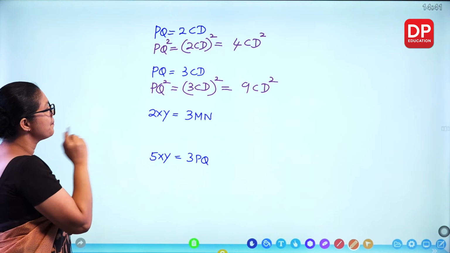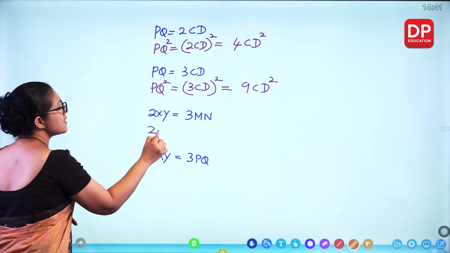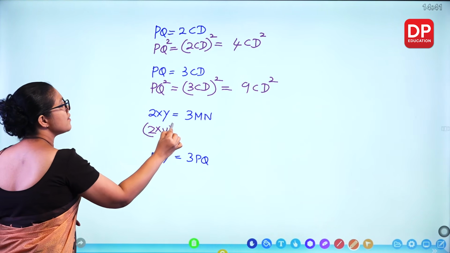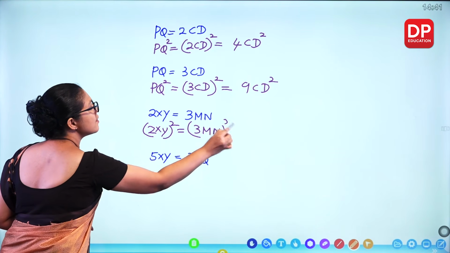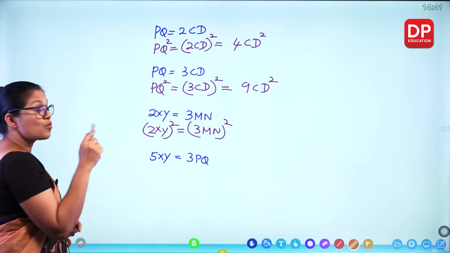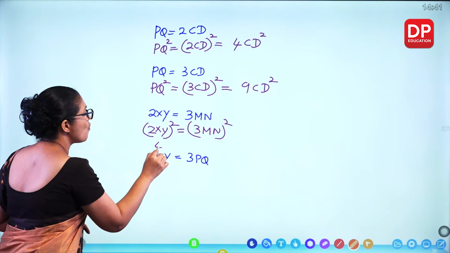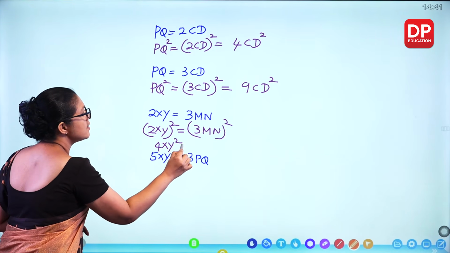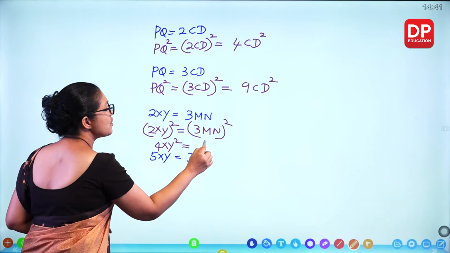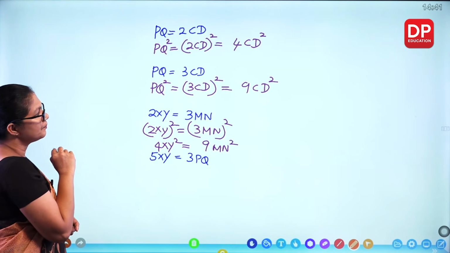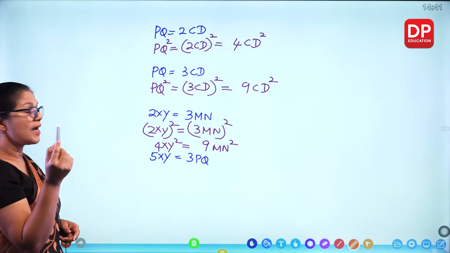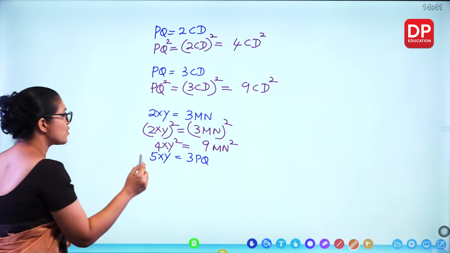This one, square both sides. You have to square this term as well as this one. So you get 2 into 2, 4. 4xy squared is equal to 3 into 3, 9mn squared. What about this one? 5xy equals 3pq. Square both sides.